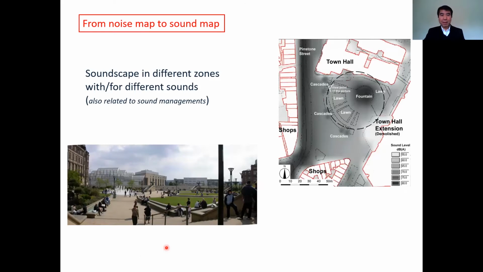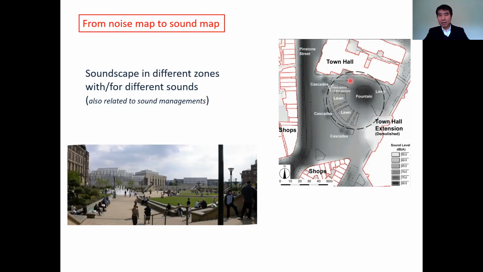So if we can't change the source, the square dimensions, or the facade, we can also do some kind of source arrangement or management by arranging different sources into different zones. Then we can also change the sound field. For example, that's an area in the Peace Garden in Sheffield I mentioned before. By arranging sound sources in different areas, you can create a different sound field. This is a sound map.